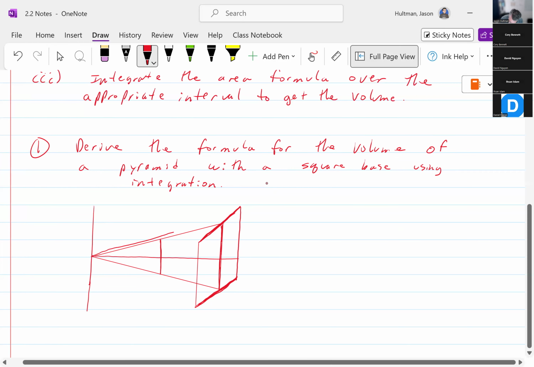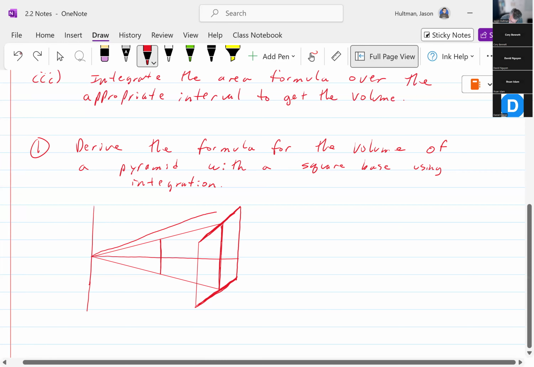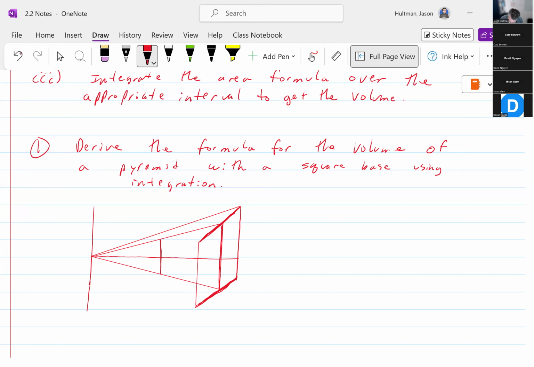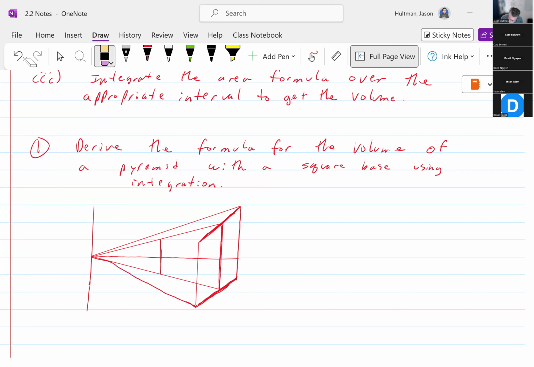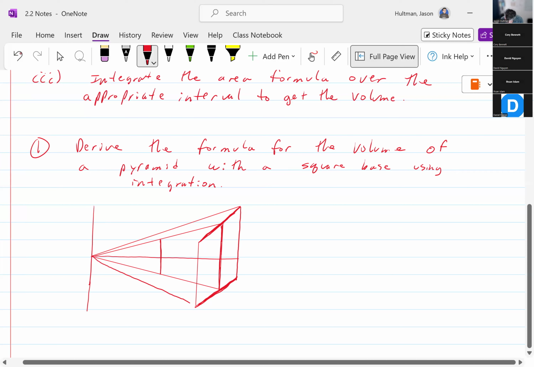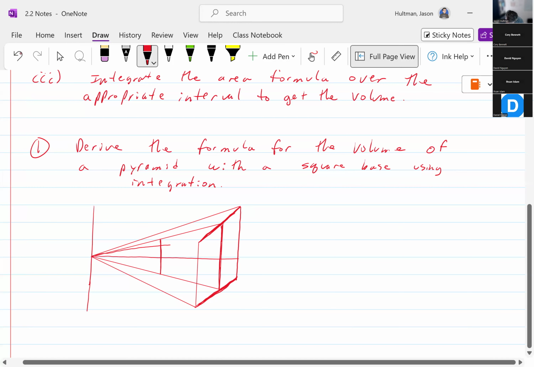I'm going to connect this to here, and I'm going to connect this to here. That doesn't look like a line, so let's try that again. And one last one, we're going to connect to this.